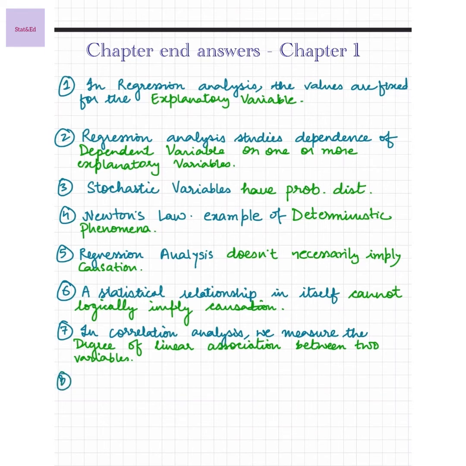Moving on to question 8th, the dependent variable in regression analysis is assumed to be stochastic. Like it can take different values, and y usually belongs to a normal distribution with mean as beta naught plus beta 1 x and variance as sigma square.